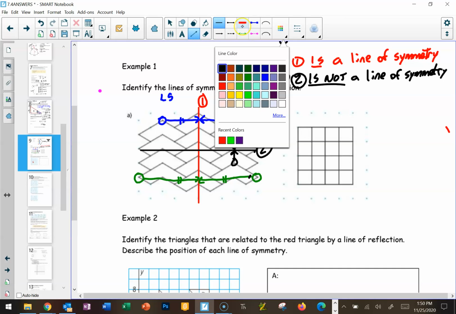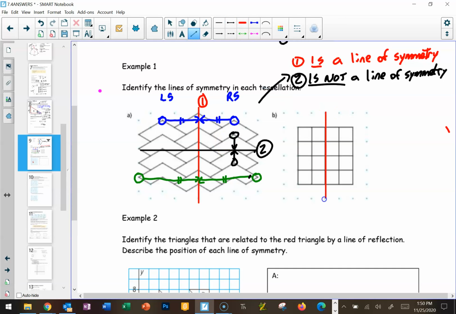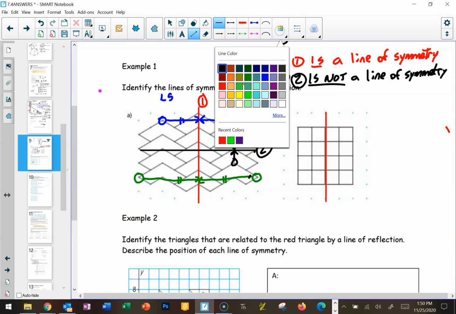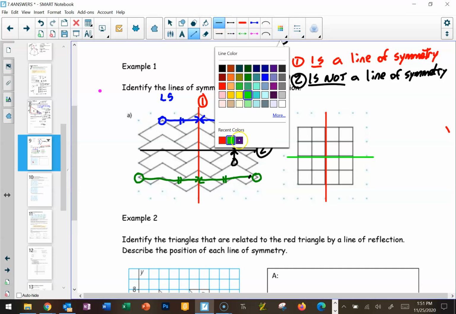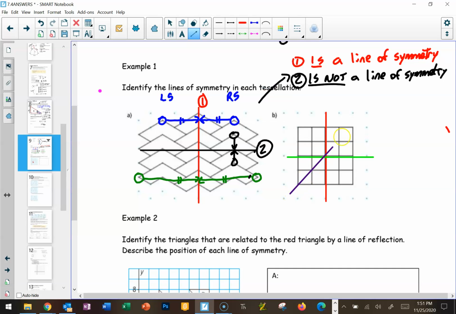So we'll draw a line in red again, and we'll draw that line right through the middle that way. And then we'll draw another line right here. And then we'll draw another line here.